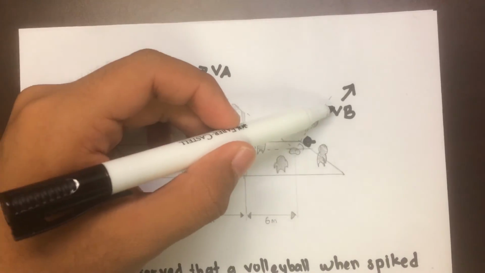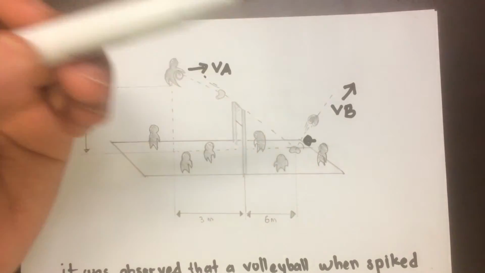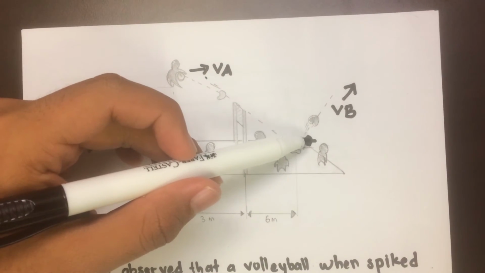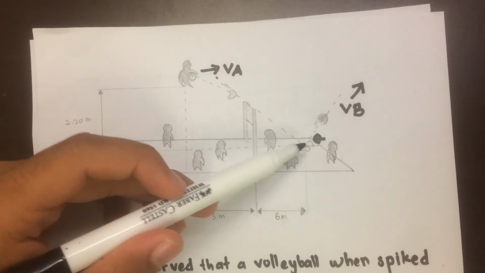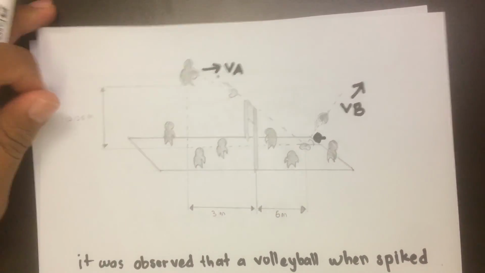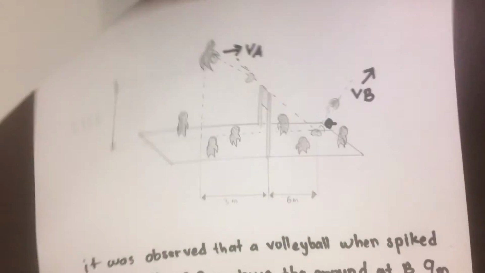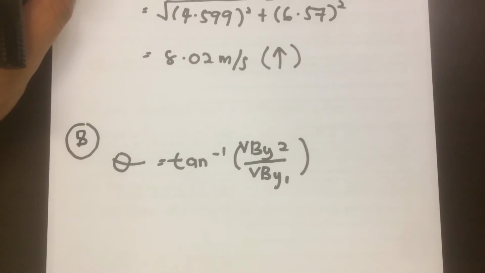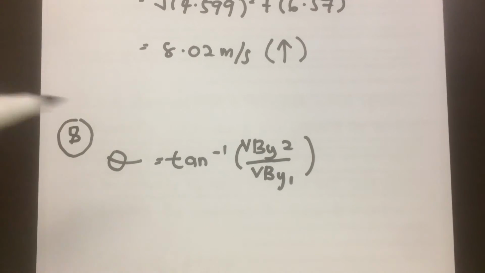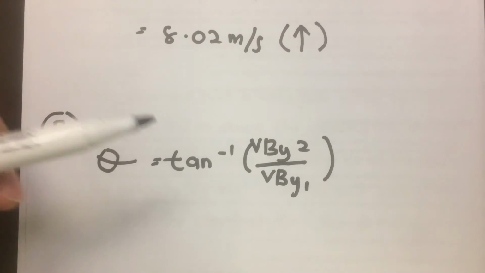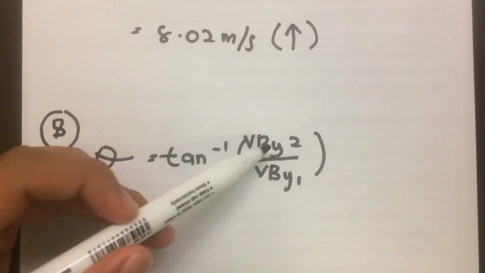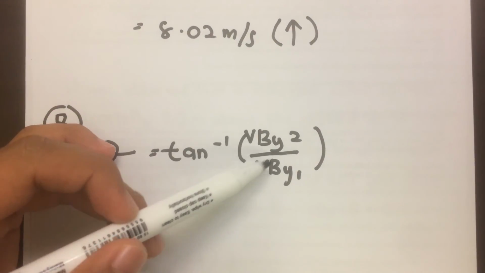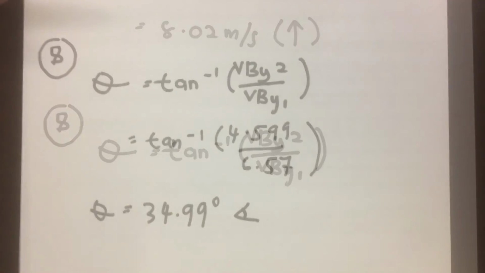After we get the value of VB, we can find theta. To find theta, we use the trigonometry formula, theta equal to inverse tan of VBY2 over VBY1.